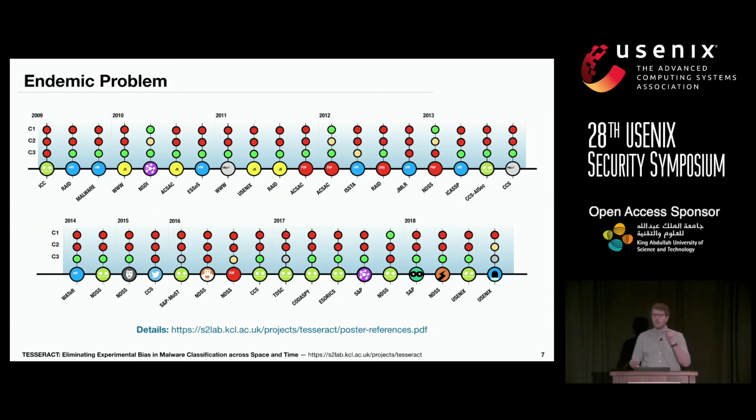So the thing is that this problem is really endemic through the community. And the fact itself that they violate the constraints does not necessarily imply that the results are wrong. The problem is that it's unclear if the results are valid. So we need to evaluate for each domain whether there is actually concept drift, how fast it is, and how much each of these experimental biases can impact the results.